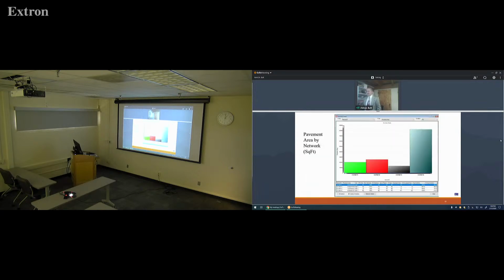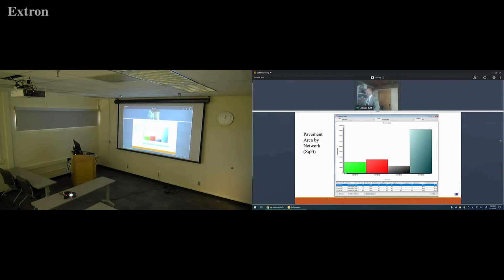And here I'm going to show you some of the reports we generated from MicroPAVER based on the PCI data. And here we are showing the pavement area by network. Again, I discussed earlier that network 4 is the majority of the pavement, which is about 82 million square feet of area.